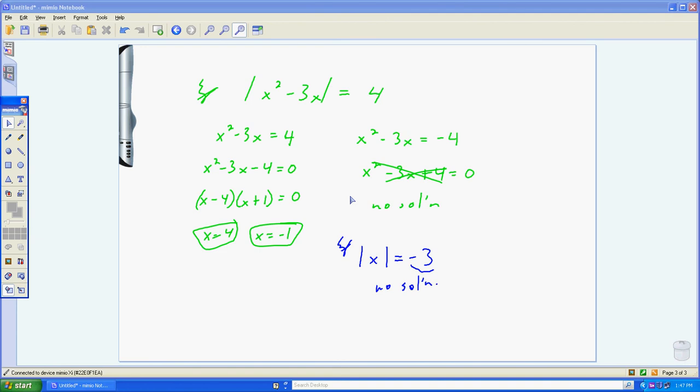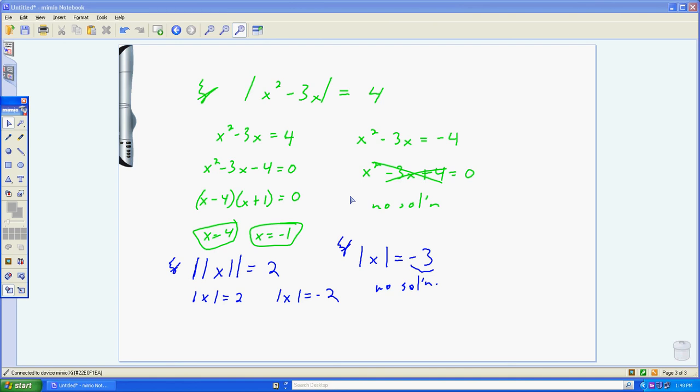What's another one that's kind of noteworthy? Let's look here: the absolute value of the absolute value of x equals 2. When you set it up, the absolute value of x can equal 2, and the absolute value of x can equal negative 2. So now you've got to do it again.